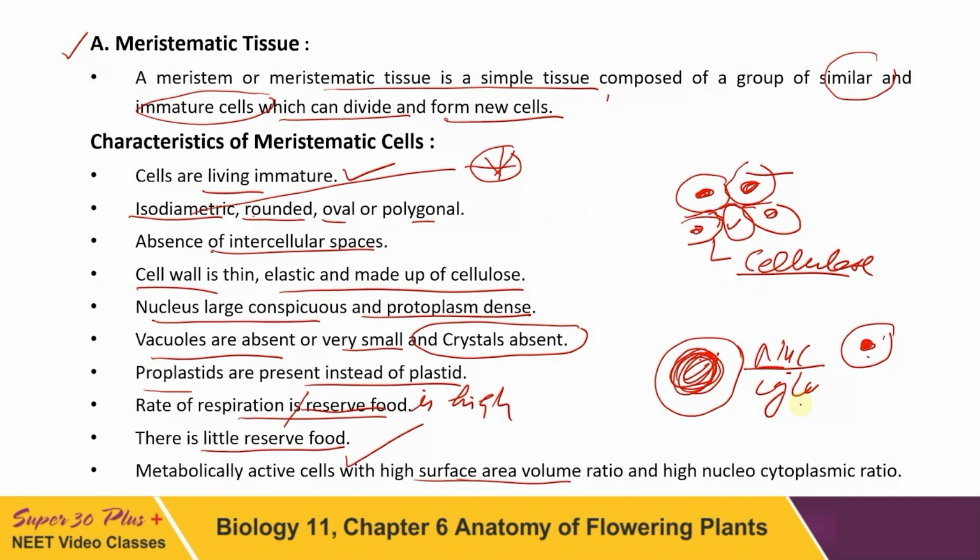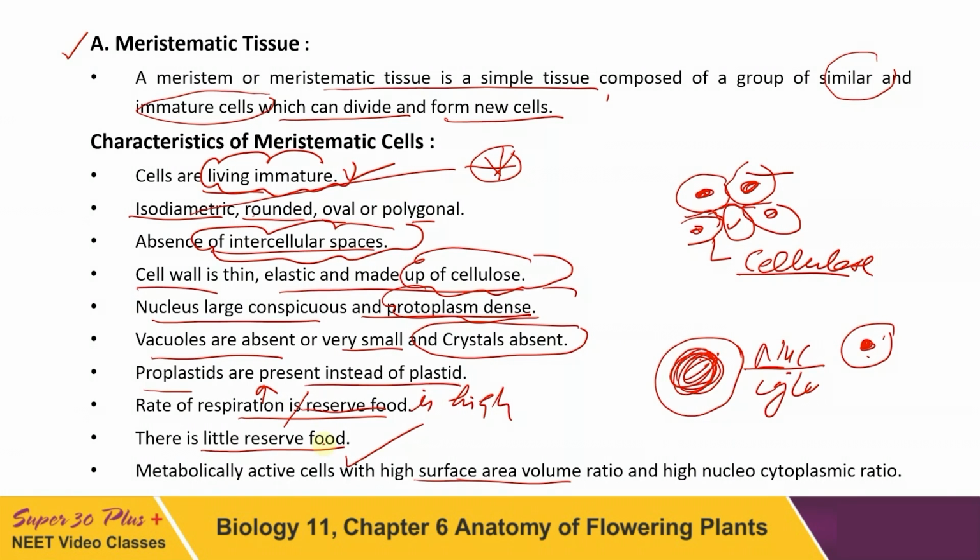Meristematic tissue characteristics, I told you: these are living and immature. Intercellular spaces are usually absent. The thin cellulosic cell wall is there. Protoplasm is dense, crystals are absent, and the plastids are in the form of proplastids. The rate of respiration is high. The reserve food is less.